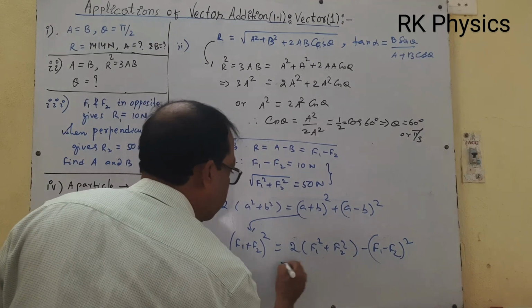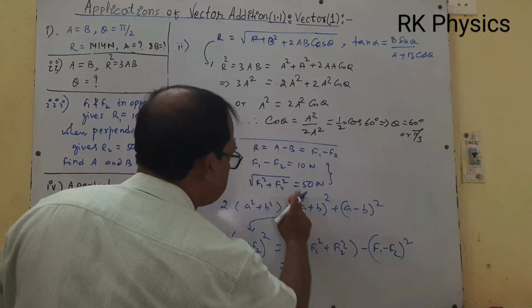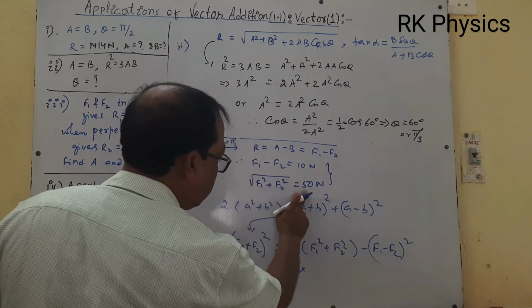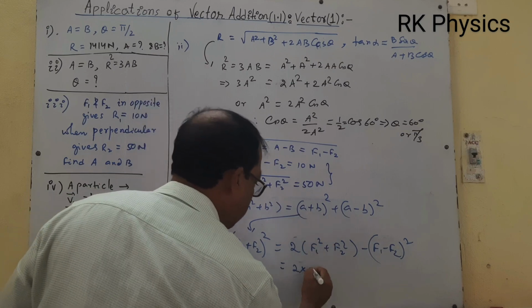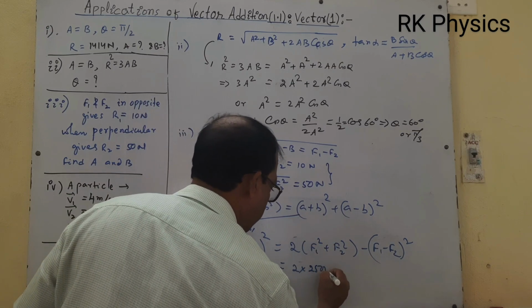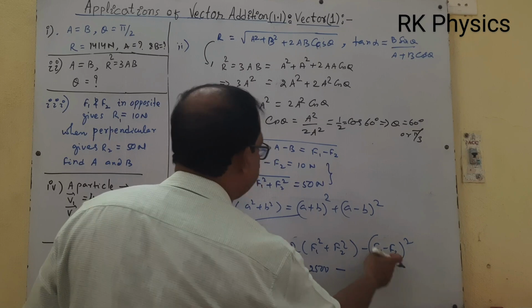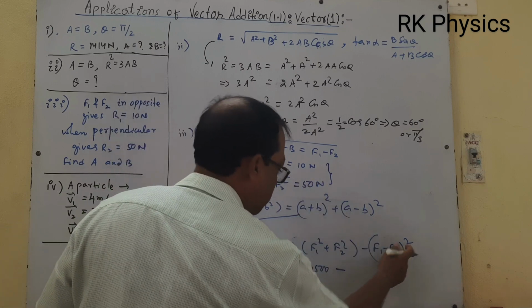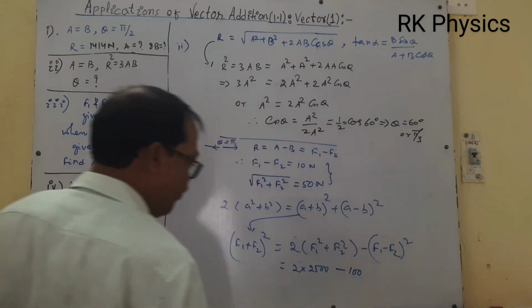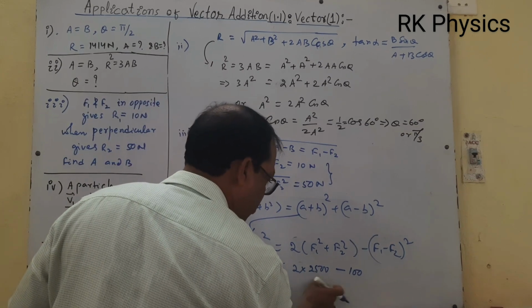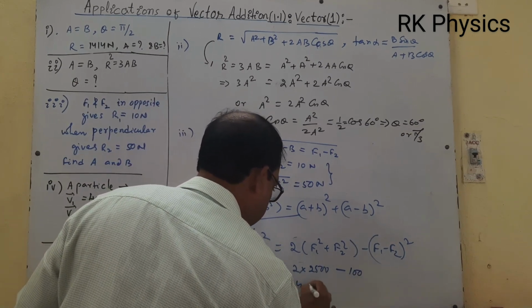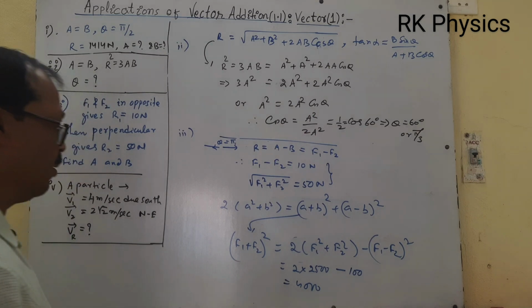So this is 2 into f1 plus f2, that is root over 50. If you remove the root, this is 50 into 50, means 2500, minus f1 minus f2, which is 10, its square is 100.